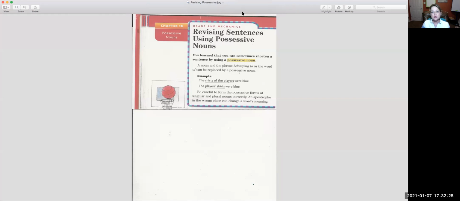So in your learning journal, I want you to write this sentence right here. You learned that you can sometimes shorten a sentence by using a possessive noun. Go ahead and write that in your learning journal.